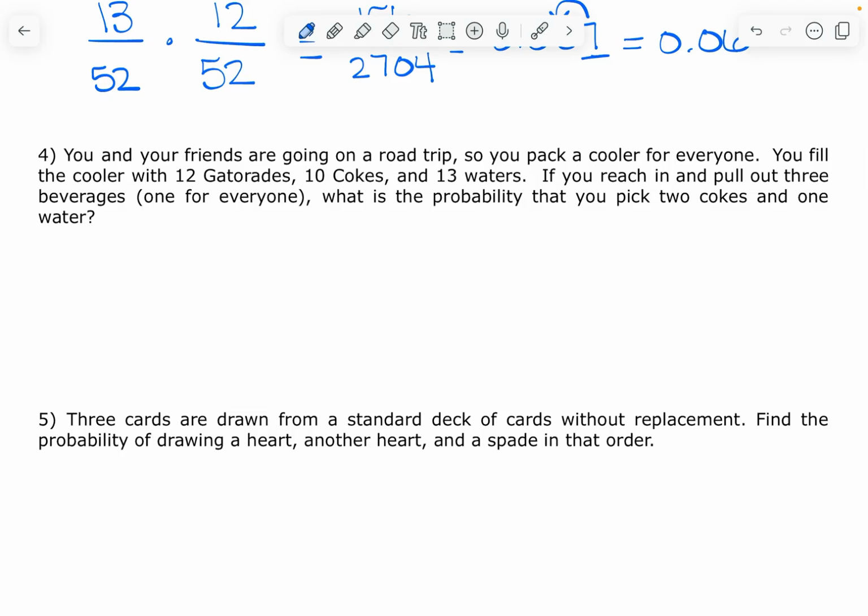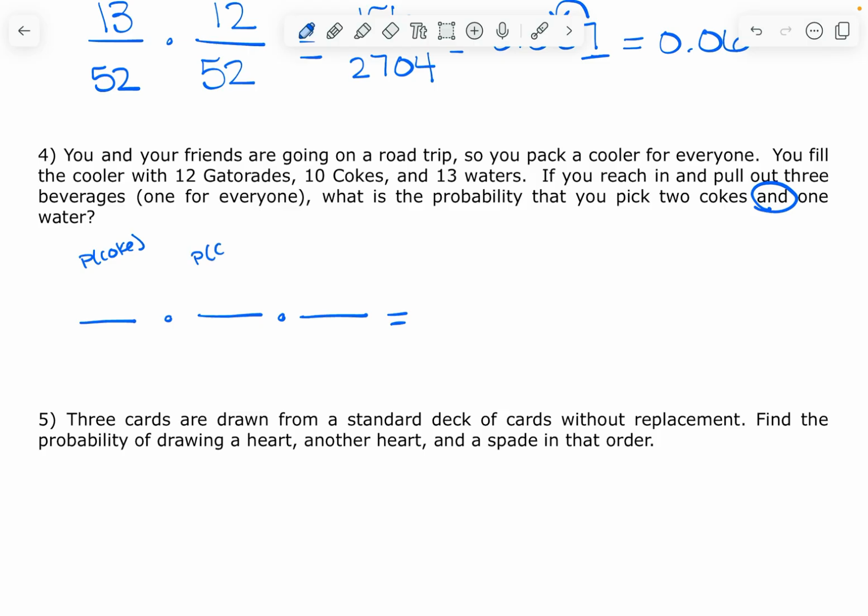Okay, in that question, I see and. So I know I'm multiplying. I have to figure out how many times I'm multiplying though. So in this situation, it says you reach in and you pull out 3 beverages. So I'm gonna pull out 1, 2, 3 beverages. It says the first 2 you pick are Coke. So probability of a Coke.